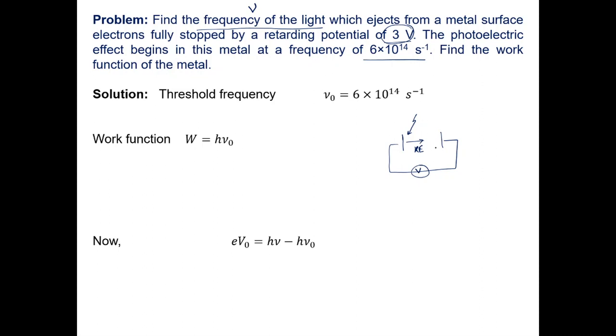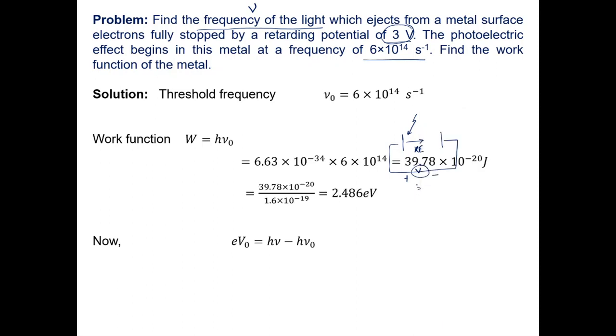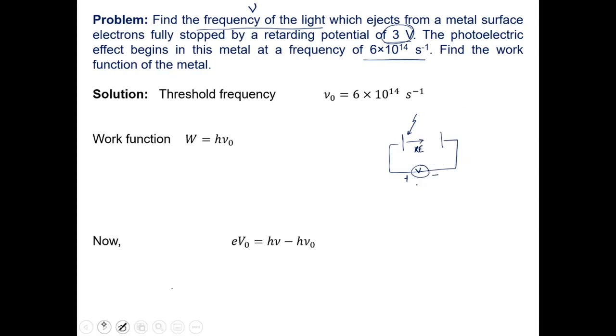Now if I apply a potential of, let's say, 3 volt, what's going to happen is that these electrons will stop, they will be retarded, and they won't reach the other side plate.